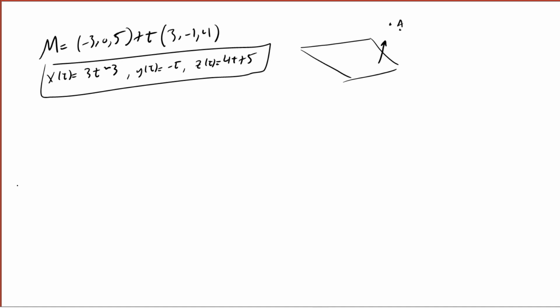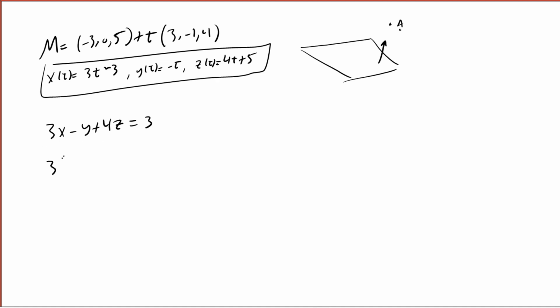Okay, find the point of intersection of M and P. Well, so I know if this is x, y, z, and I know that the plane is the equation 3x minus y plus 4z equals 3, then I can just plug each of these in for x, y, and z.